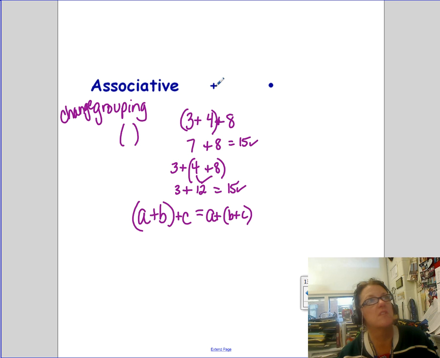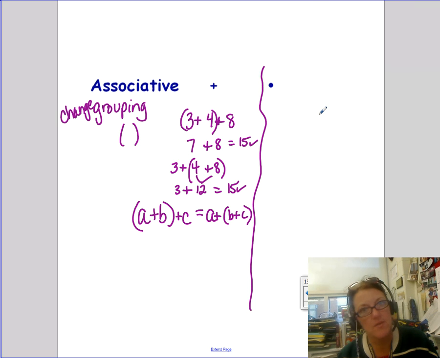So the associative property works for addition. And guess what? It also works for multiplication.